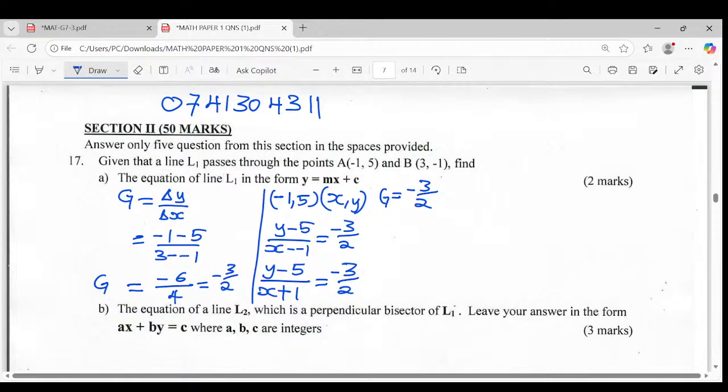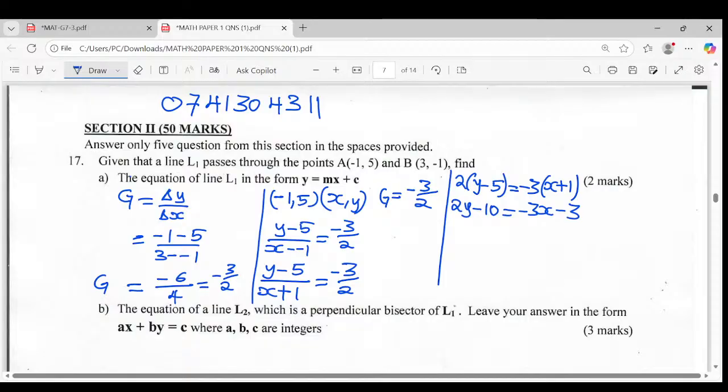What happens there, ladies and gentlemen, is you can cross multiply. When you cross multiply, you are going to have 2 into (y minus 5) being equivalent to -3 into (x plus 1). Remember, we need to leave our answer in the form y = mx + c.